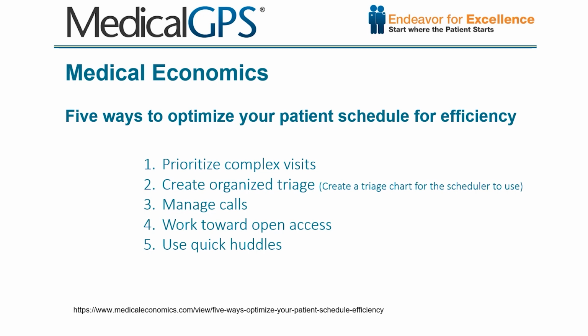Phone calls will oftentimes interrupt and slow down the scheduling process. Much like you did in step number 2, in step number 3, you're going to categorize phone calls into different types based off of input and feedback from your physicians and your providers.